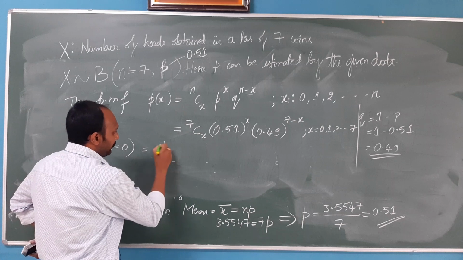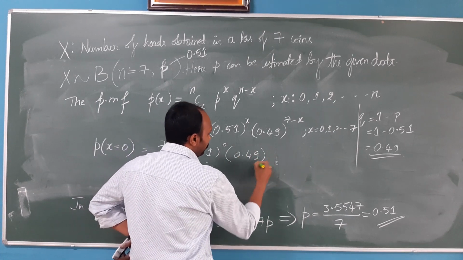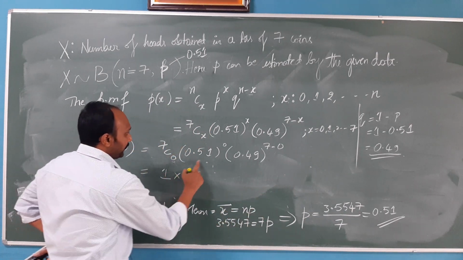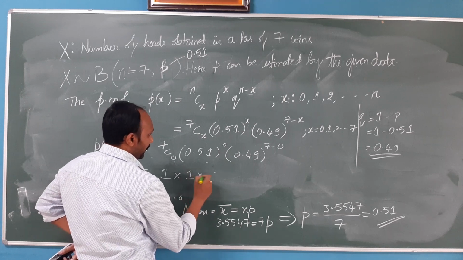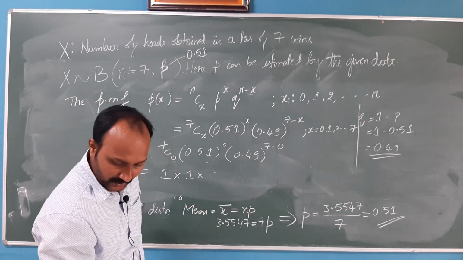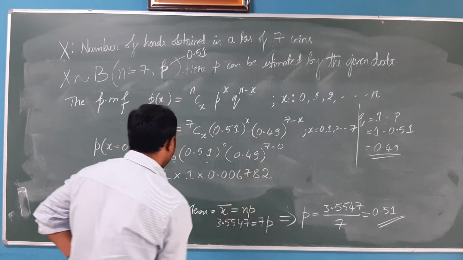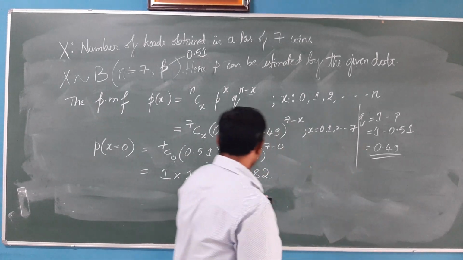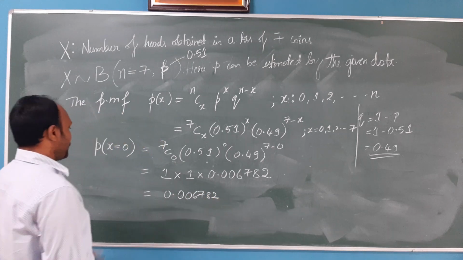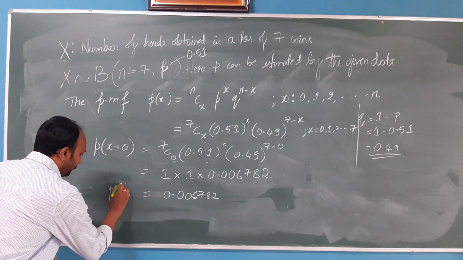So that is 7C0, 0.51 to the power 0, 0.49 to the power 7 minus 0. 7C0 is 1, anything to the power 0 is 1, so we are left with 0.49 to the power 7, which yields 0.006782. Multiplying this with 1, we get 0.006782 as the probability of x taking the value 0.